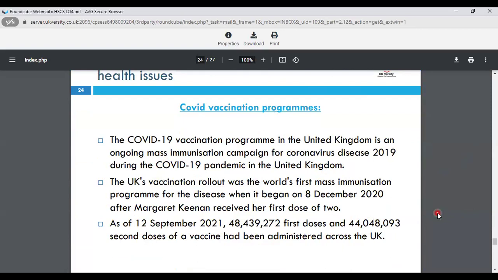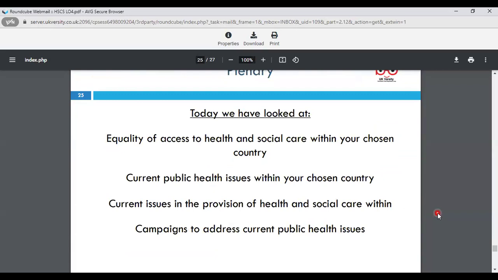As of 12 September 2021, there had been a lot of doses. First doses were around 48 million, and 44 million second doses of vaccine had been administered across the UK.